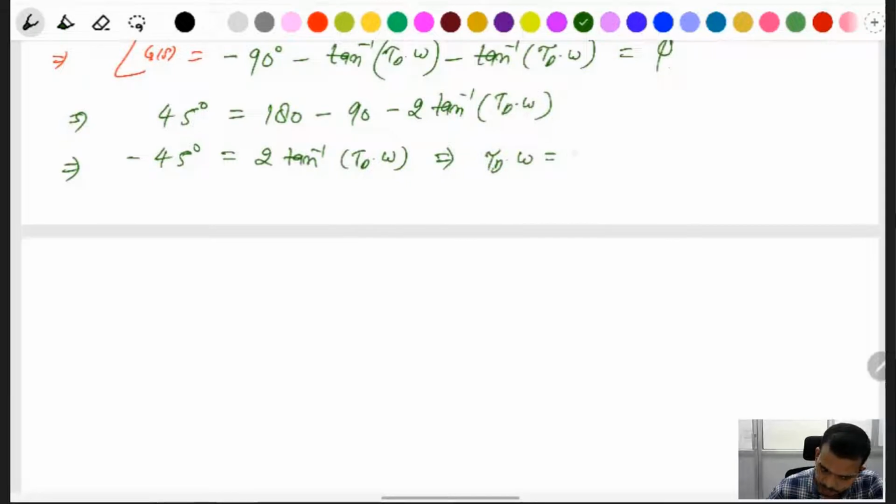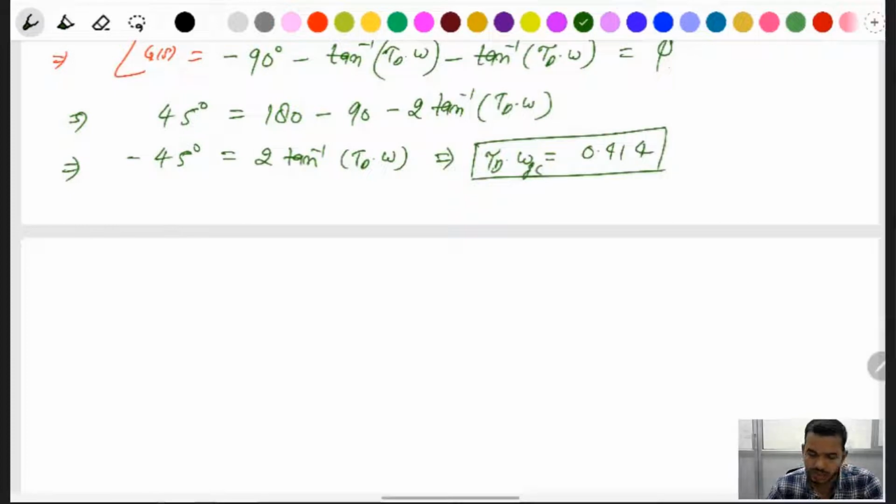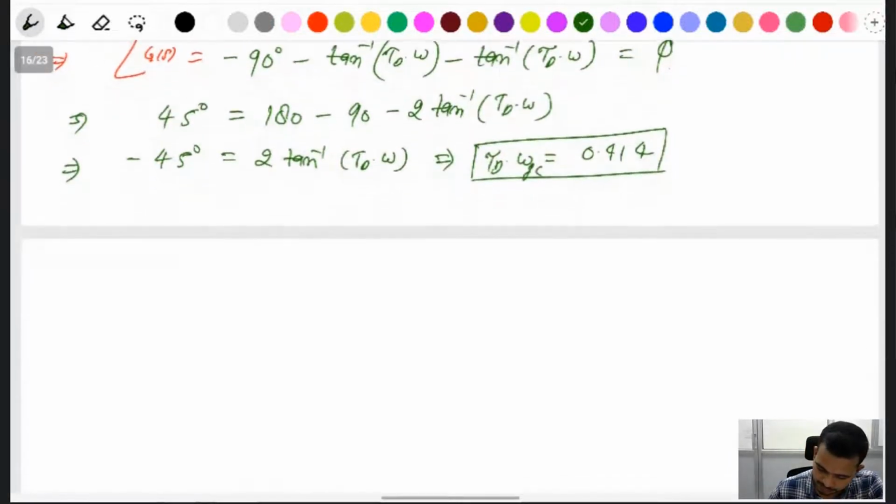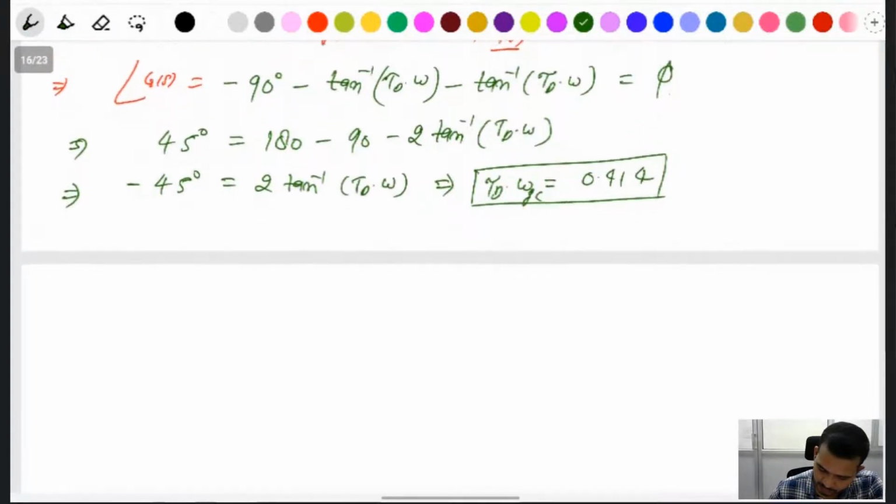You can find tau d into omega here: tan 22.5 degrees is 0.414. Omega is equal to omega gc, at omega gc we find the phase margin.